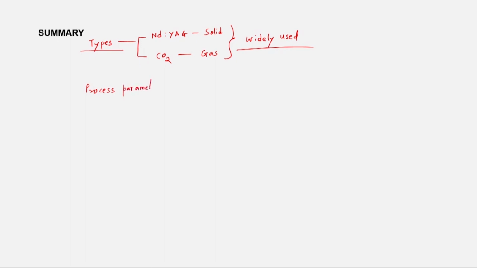So, process parameters and performance measures which are used to define the product quality and the productivity.